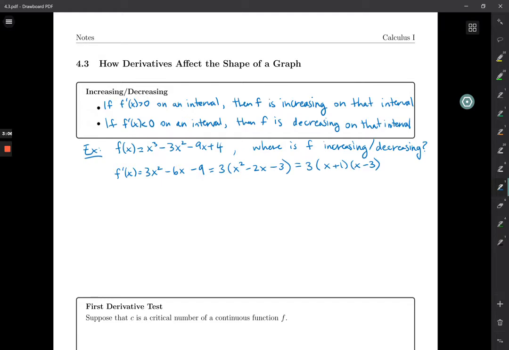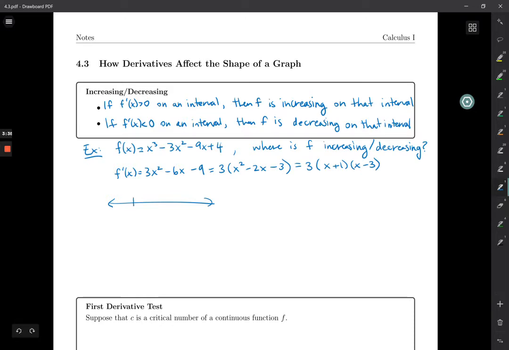Okay, and so we want to know where this is positive or negative, and we can see that if we were to set this equal to 0, we would get the points where f prime is equal to 0, right? So I'm not going to write all that out, but if we do set this equal to 0, hopefully it's pretty clear, or if not, you can just do this on a scratch piece of paper.